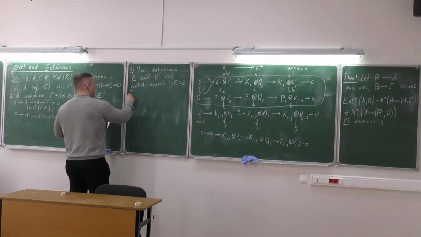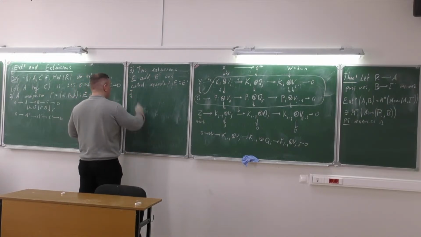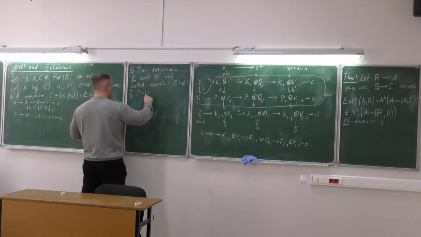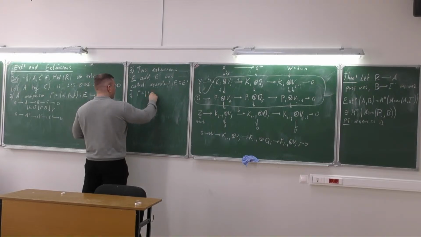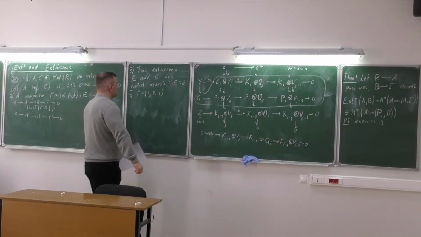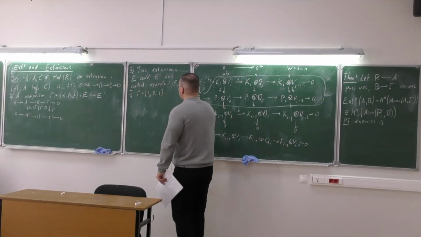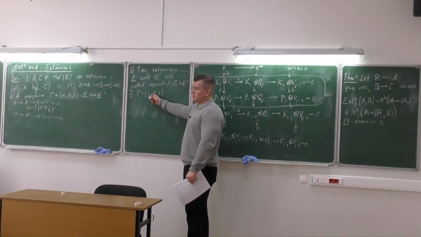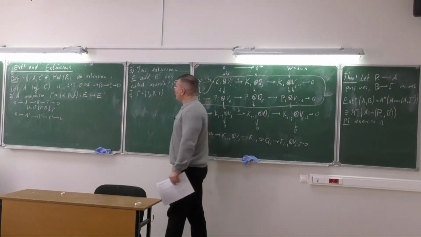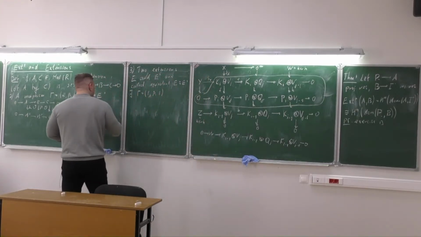If there is a map of the extensions gamma such that I have identity, some map which I'm going to call beta, and again identity. Right, so this is the definition of equivalent extensions. Of course, you can notice if you apply the snake lemma that in this case beta is an isomorphism.